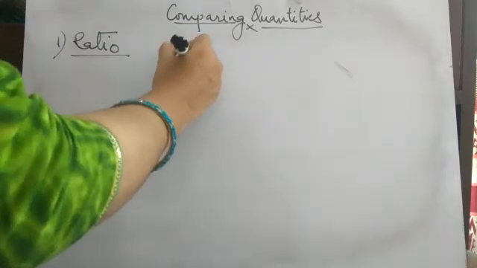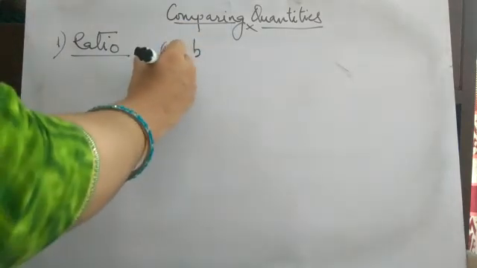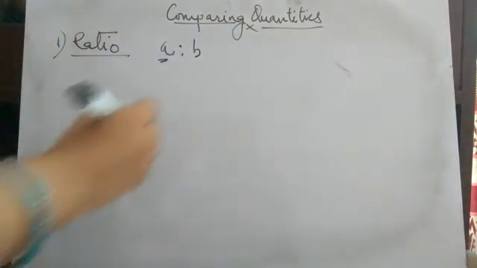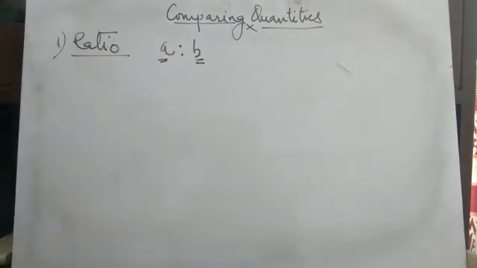Okay, so first of all we'll be doing what are ratios. What is a ratio? Ratio is again a method of comparing quantities. As we have done fractions also you can compare quantities. So ratios also we use to compare quantities, and the way of writing a ratio is like this: A is to B, where the first quantity is known as the antecedent and the second quantity is known as the consequent.